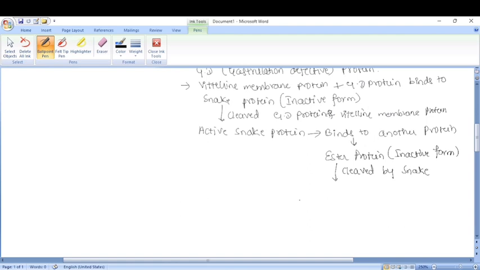Snake protein will bind to Easter protein and cleave it, and it becomes the active Easter protein.